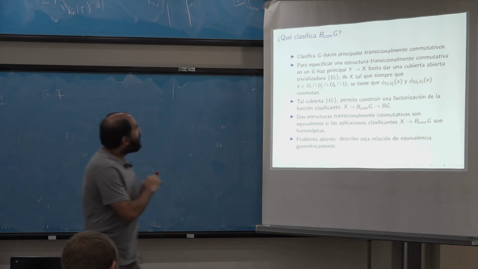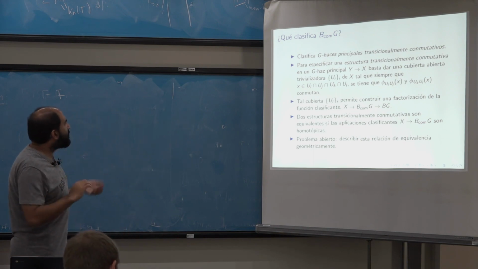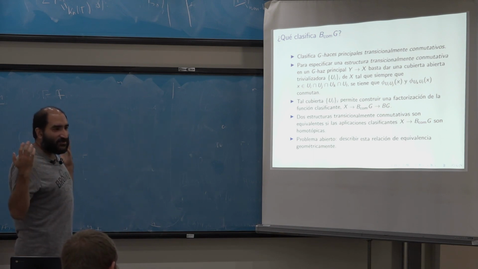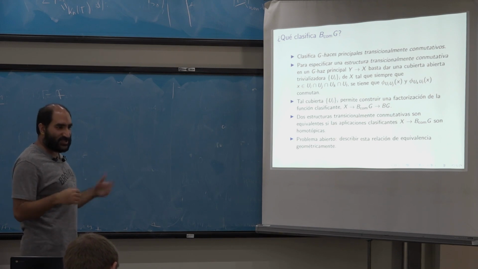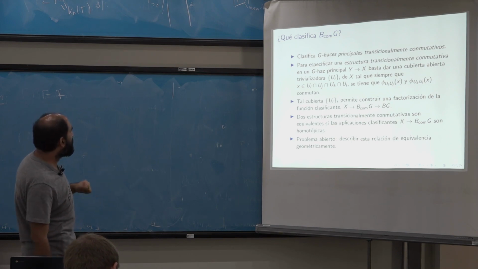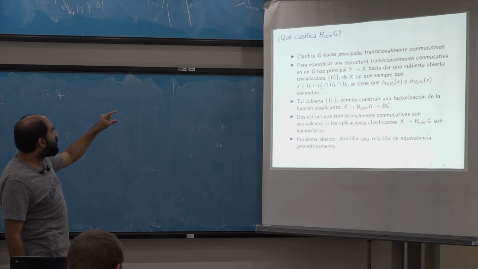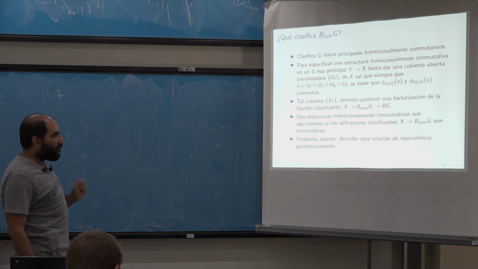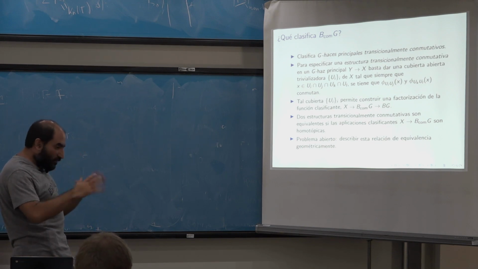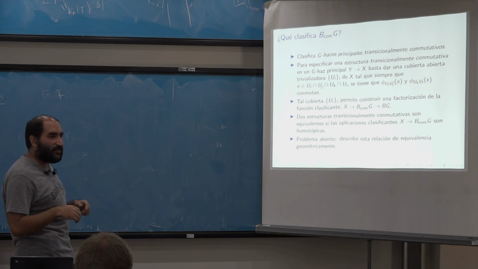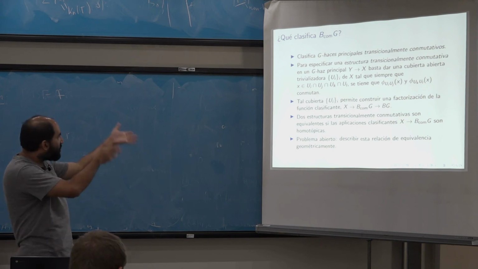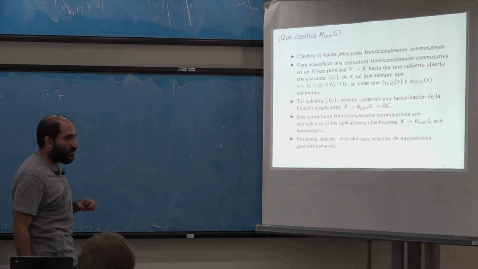Okay, so BG classifies principal G bundles, and so you need to come up with some sort of commutative principal G bundle that's classified by B comm G. And so part of the story is pretty nice. You can of course describe principal G bundles by means of cocycles, sets of transition functions.